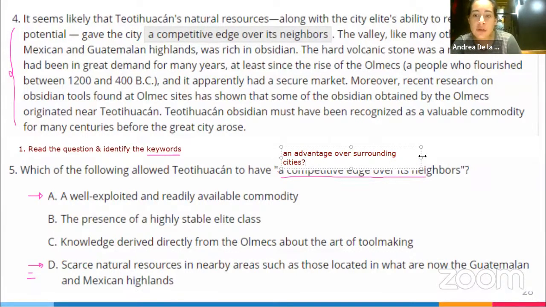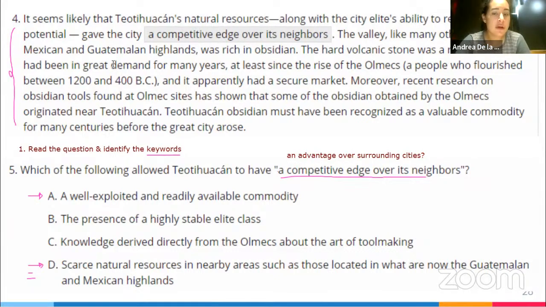You don't necessarily have the same words, but they are still keywords. You need to look for those keywords or their synonyms in the paragraph. Competitive edge is like an advantage. Surrounding cities are neighbors. So you're not finding the same words, but you're finding their synonyms. Identify the keywords and find those keywords or their synonyms in the paragraph.